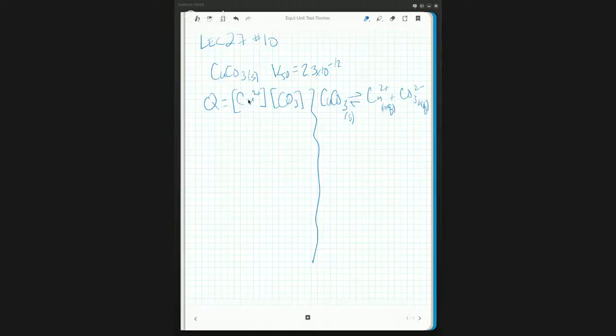So we have to find the concentration of copper and the concentration of CO3. Kind of going the long way with this, just to make sure we're covered, of course, we know molarity equals moles over liter. And if we multiply moles over liter times liters, we get the moles. I'm going way back, but I'm assuming you guys are good with that.